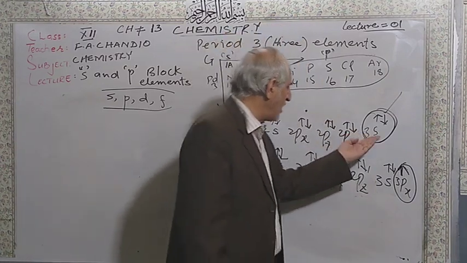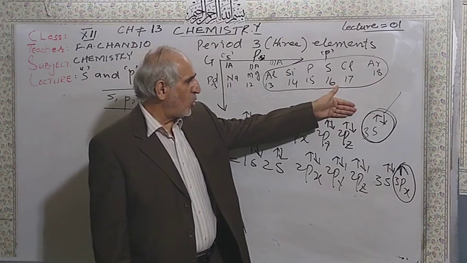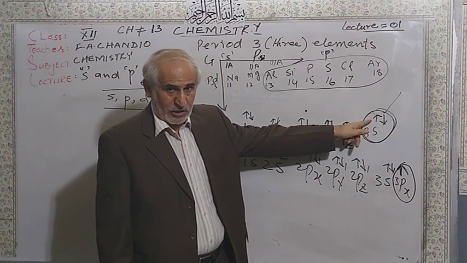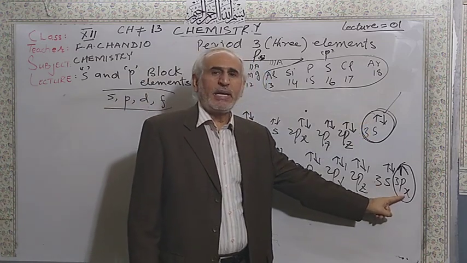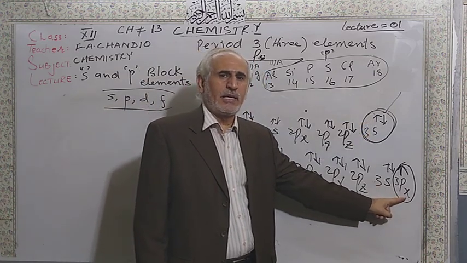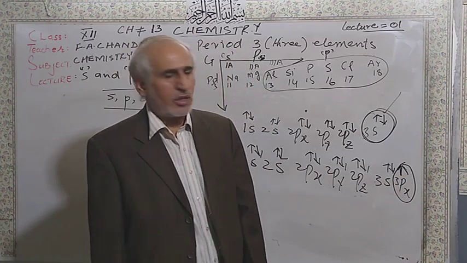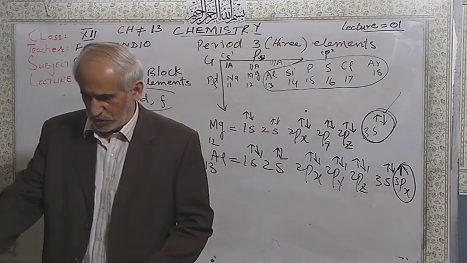This is a completely filled S. So magnesium is more stable because the S subenergy level is filled with 2 electrons, and here the P subenergy level is partially filled, containing only 1 electron. So aluminium is less stable. So this is the answer for this question.